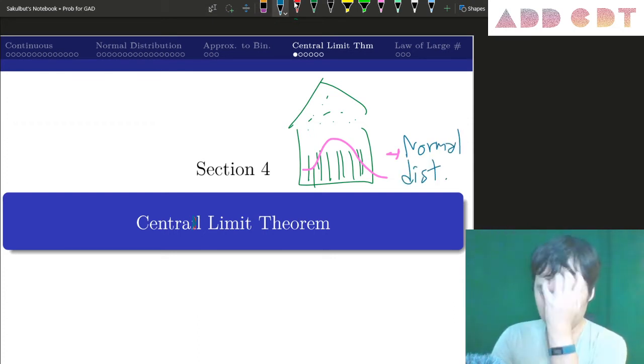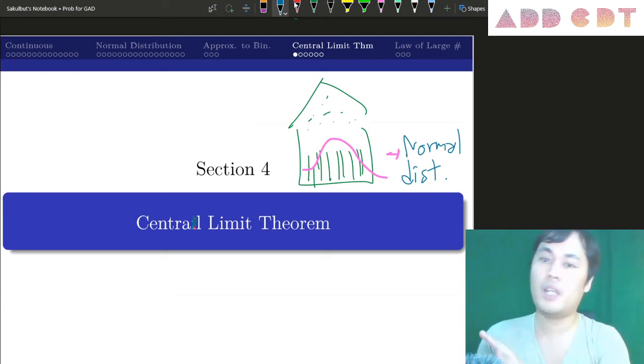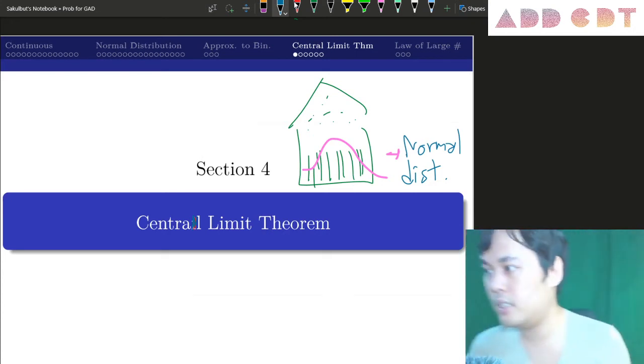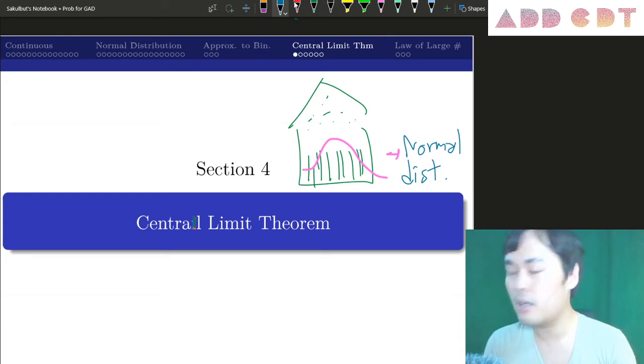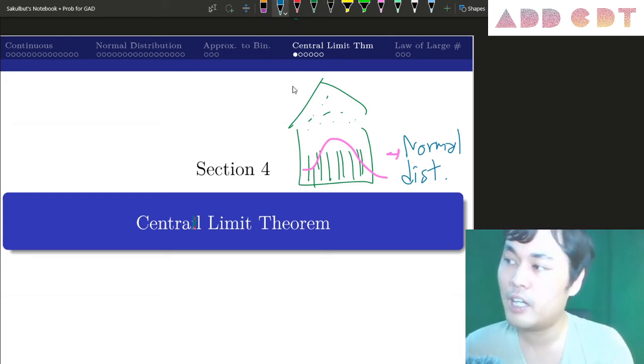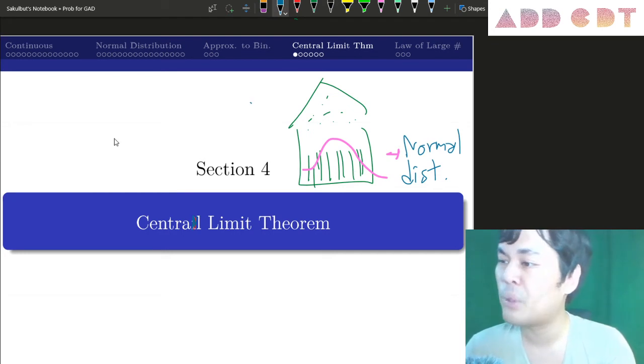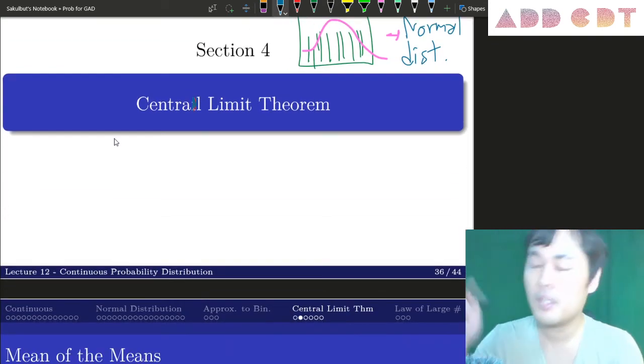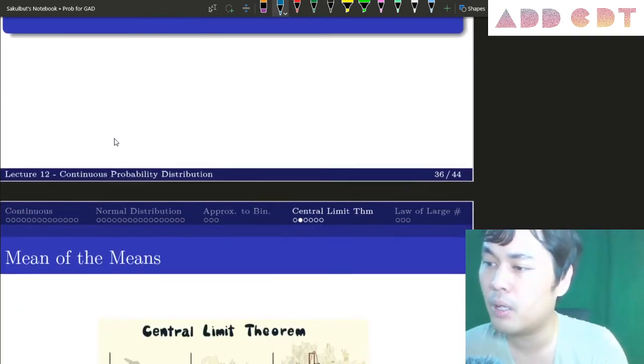But that is actually not the main explanation of why we define that particular curve as a normal curve. And this is the reason why we define that as a normal curve.